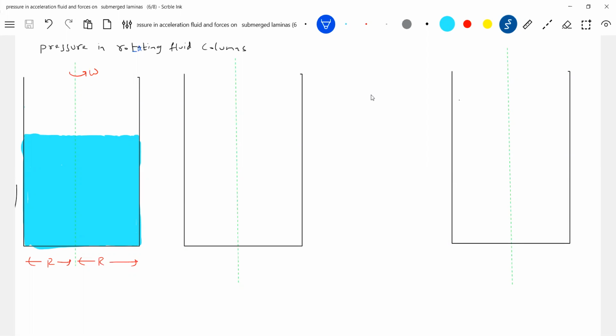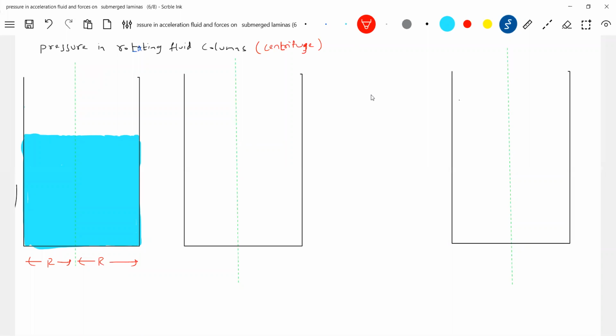I'm discussing the basic element. So let me call this by its original name, centrifuge. Some different names are given, but there's a general initial form when it was designed. So that is what I'm analyzing. Initially the liquid column is at rest.